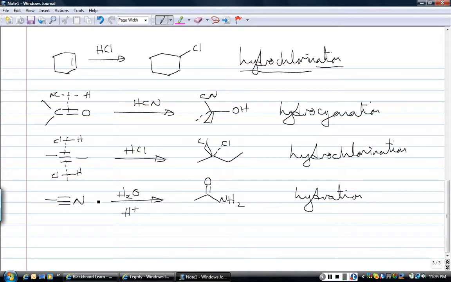What you notice is that the pi bond at the end is not between the same pair of atoms. Here it's between C and O. At the beginning it was between C and N. Nonetheless, this is still an addition reaction because it has followed our rules, which are incorporation of the elements of a simple molecule with simultaneous loss of a pi bond. So those are addition reactions.